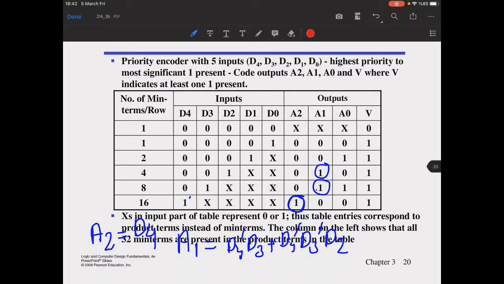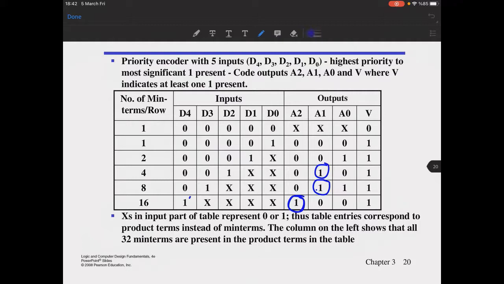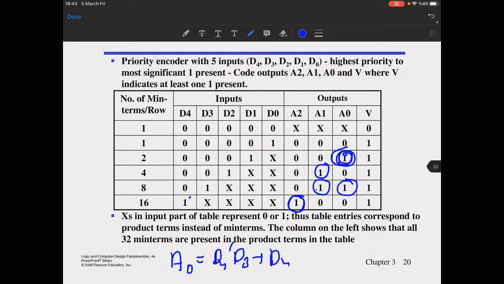A0, and let me just create some space. For A0, in these particular conditions, it is giving us 1, so it would be D4 not D3 plus, this one is what? It is D4 not D3 not D1, right? I hope I did this correct.